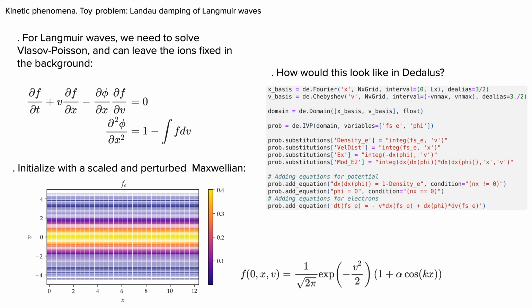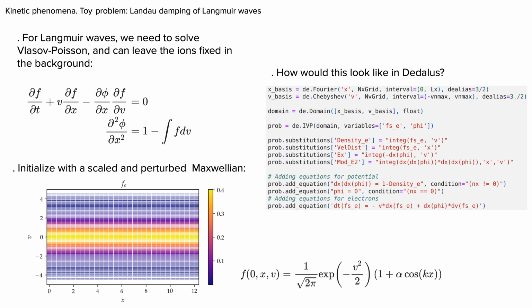In order to solve this, I'm going to choose two bases. I'm going to choose a Fourier basis in this direction, which can be considered periodic, and a Chebyshev basis in this direction, because I want this to decay, since this is the velocity dimension. And that's why you see that the grid is not equally spaced.